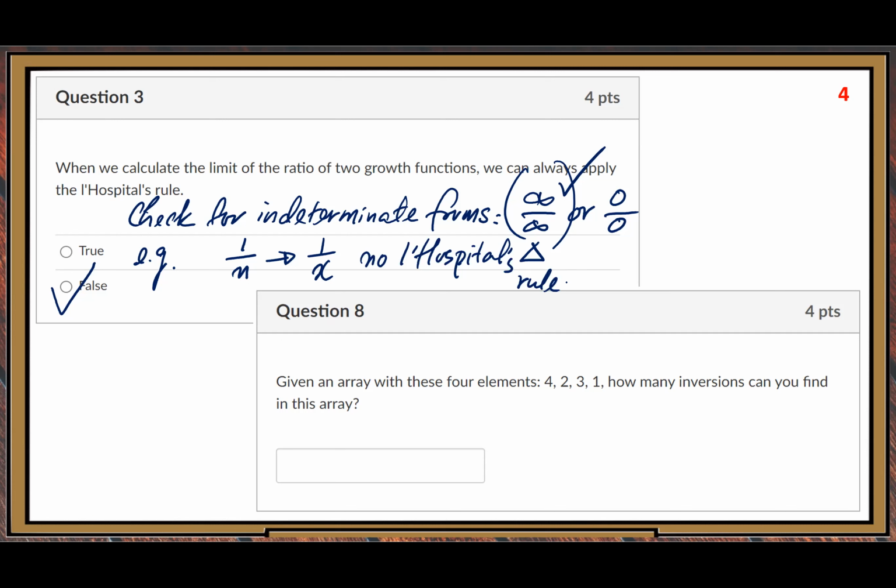But some people may argue that if I apply L'Hopital's rule, I'll get the same answer because the limit is 0. That's correct, but your method is wrong. That means it could be dangerous. If you apply a wrong method but happen to get a correct answer, and you allow this kind of thinking, sooner or later you will get wrong answers.